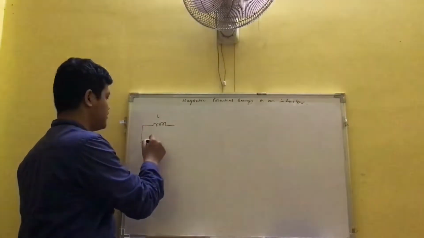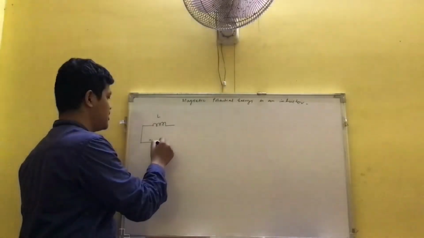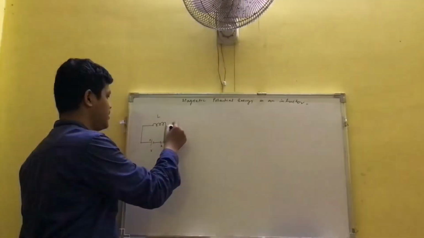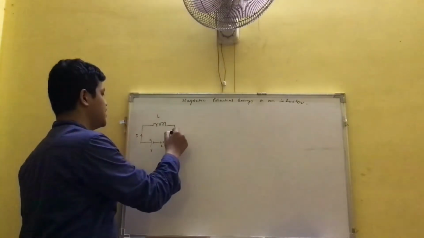Now here you see, suppose potential V is given here. This is the key or switch, you can say, and this is the flow of current in this direction.